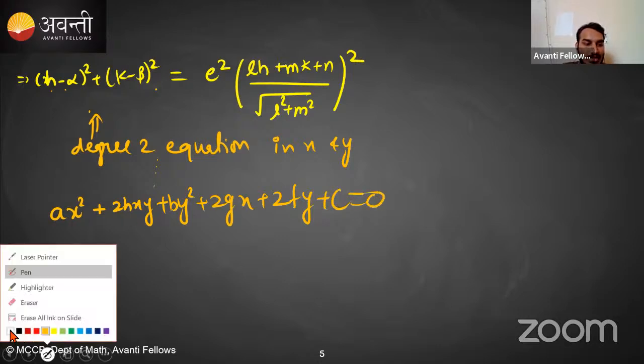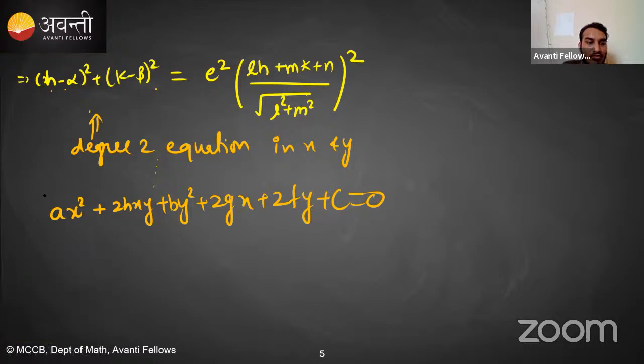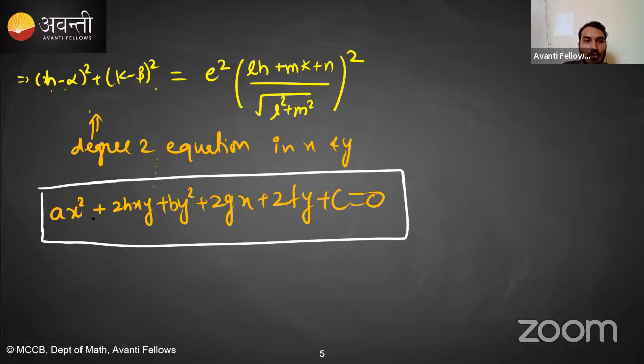This is the general equation we get when we solve this. There will be a coefficient of x square, of y square, of x, of y, a constant term, and a coefficient of xy. So we can write this as ax square plus 2hxy plus by square plus 2gx plus 2fy plus c is equal to 0. Is this clear?